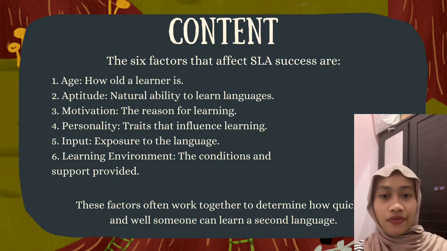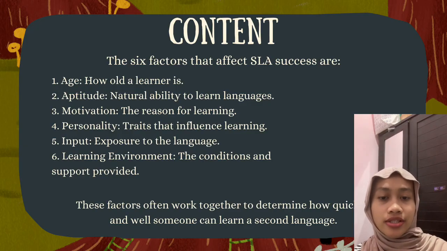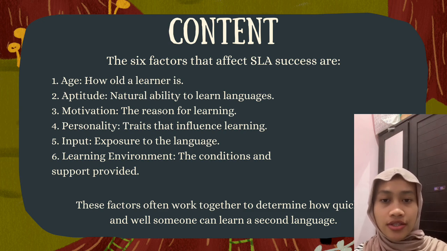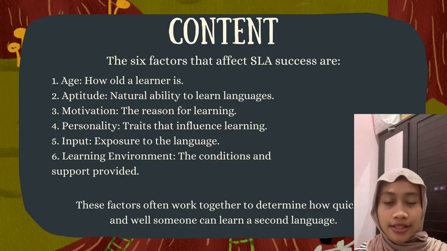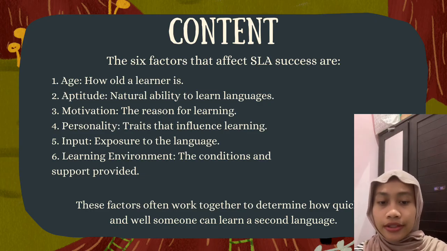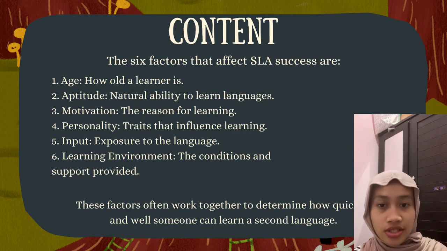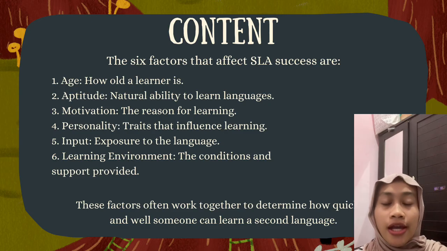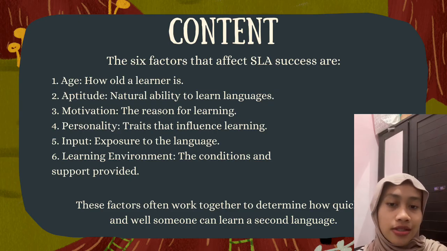And the six major factors that affect second language success are: the first one is age. Age is how old a learner is, and aptitude is natural ability to learn languages, and motivation is the reason for learning, and personality is traits that influence learning, and input is exposure to the language, and learning environment is the conditions and supports provided.